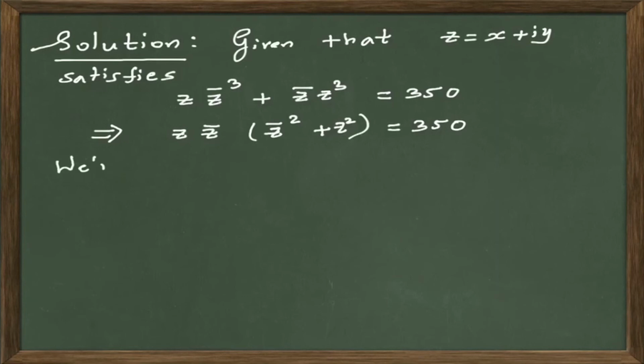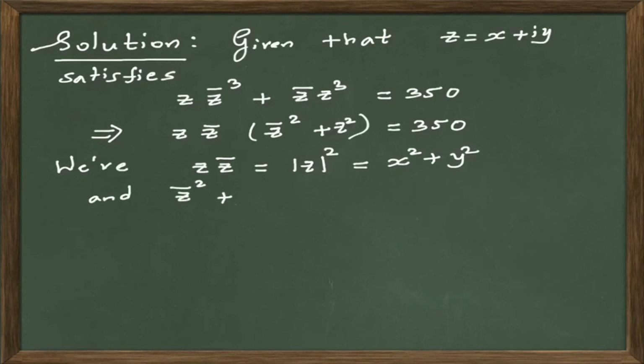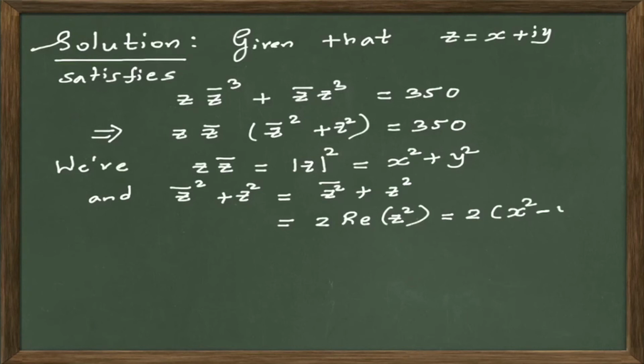We know that z times z bar is equal to the square of the absolute value of the complex number z, which is equal to x squared plus y squared, and z bar squared plus z squared is equal to the conjugate of z squared plus z squared, which is equal to 2 times the real part of z squared, which equals 2 times (x squared minus y squared).